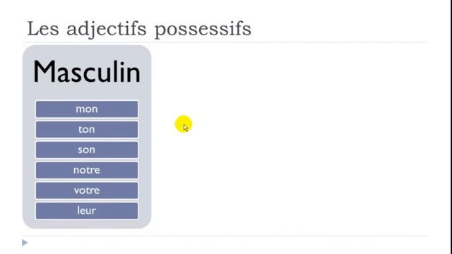Okay, so let's be clear, when we talk about les adjectifs possessifs, in English it will be my, your, his, our, your, their. Okay, but then in French, basically we'll have the difference between the masculine, the feminine, and the plural.